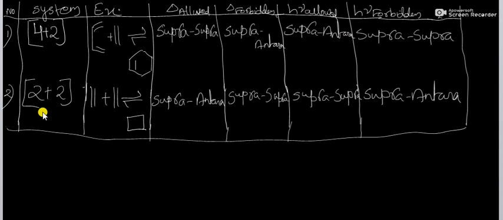This is the case of 2 plus 2 cycloaddition reaction, for example dimerization of ethylene. Here thermally allowed addition is supra-antara and thermally forbidden is supra-supra. Photochemically allowed is supra-supra. Photochemically forbidden is supra-antara.